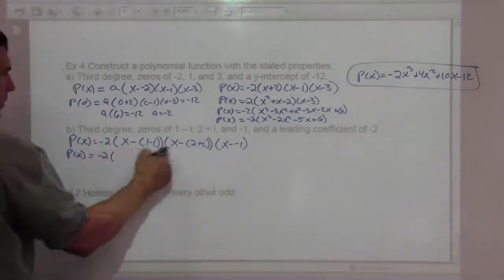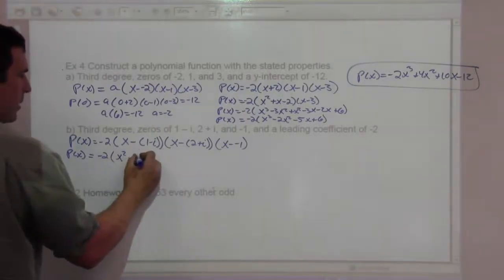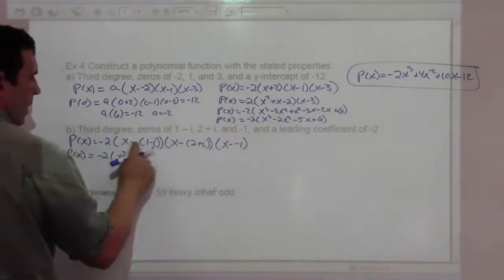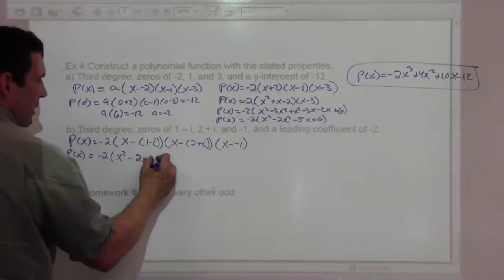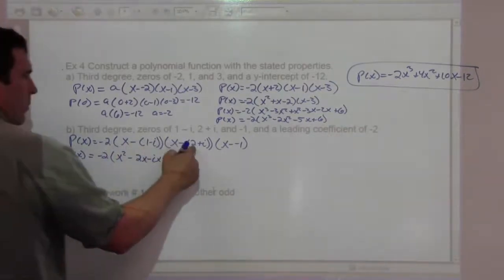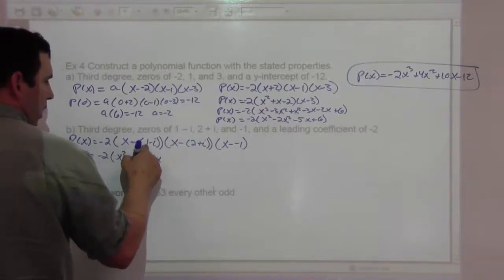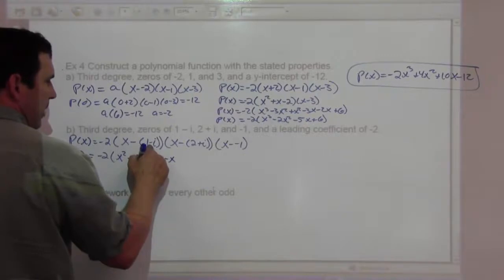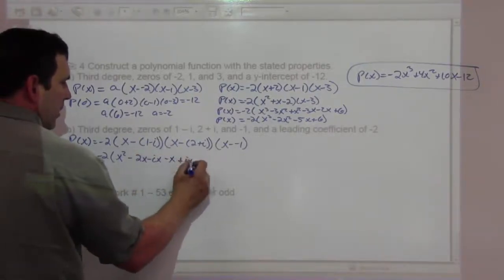So if I FOIL this first part, that's going to be x squared minus the quantity, let's see, x times negative 2 plus i, I'm going to say that's minus 2x minus ix. And then we have the negative of 1 times x is minus x. Negative of negative i times x is plus ix.